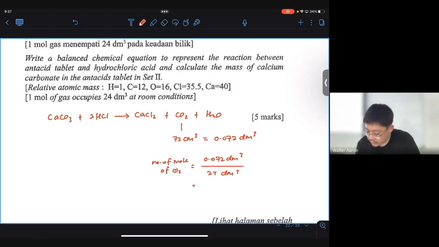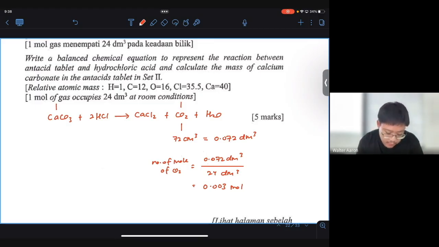Then let's see how much that is. So the number of moles is 0.003 mole of gas, right? So you can see here the ratio of CaCO3 to CO2 is 1:1.